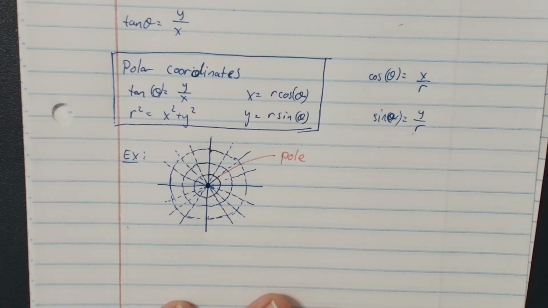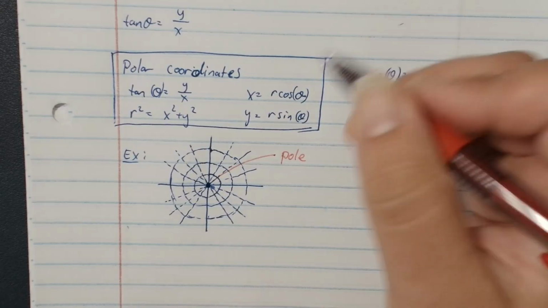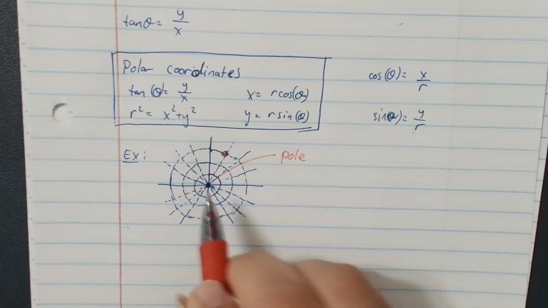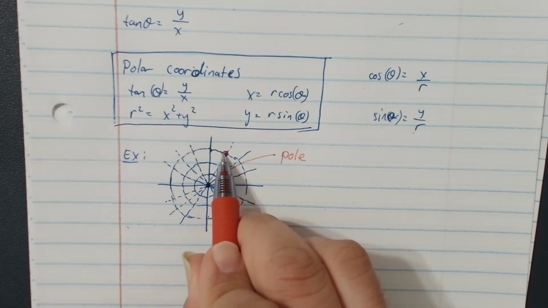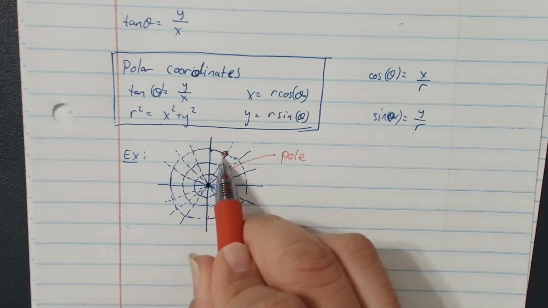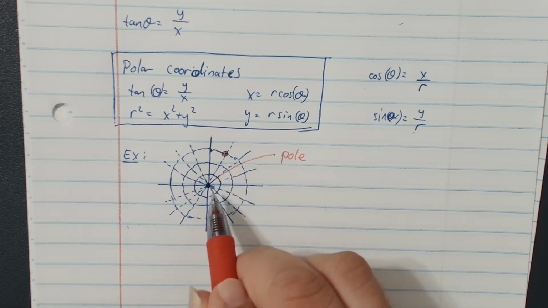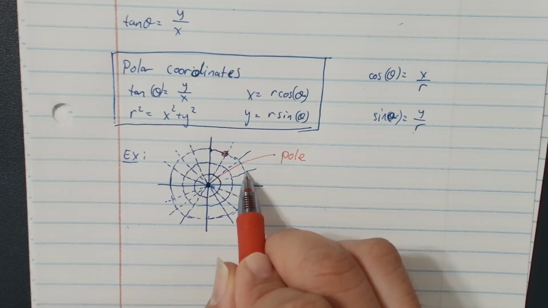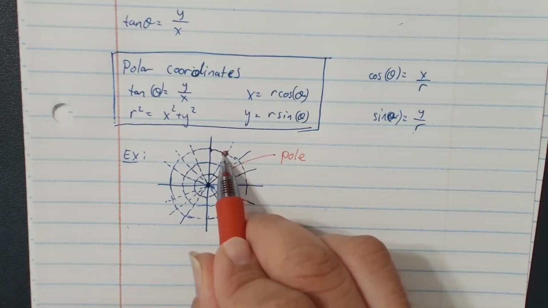So now if I have a point out here, for example, I have this one right here. This point is 3 units away from the origin, from the pole. 1, 2, 3 units, so our r would be 3, and it's following along the angle of, well, let's see, that's 0, that's 30 degrees, 45 degrees, 60 degrees.